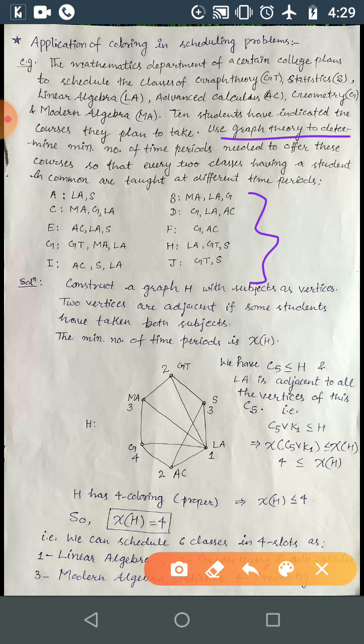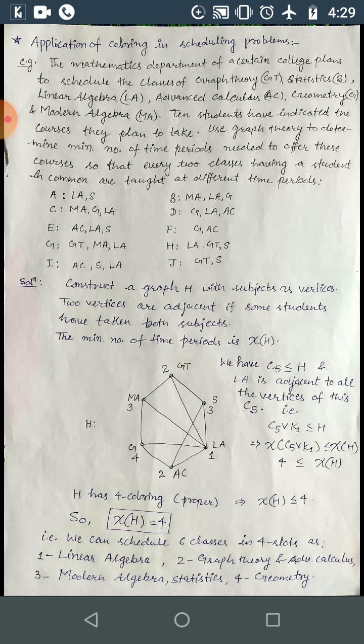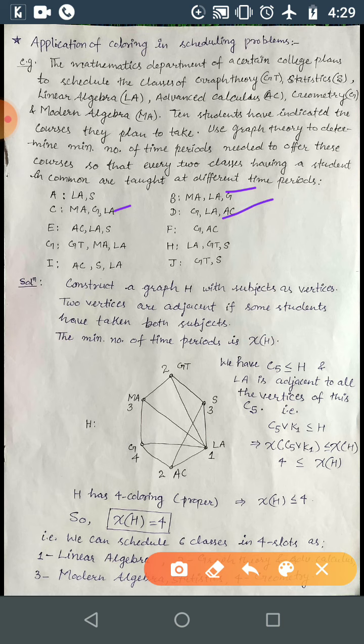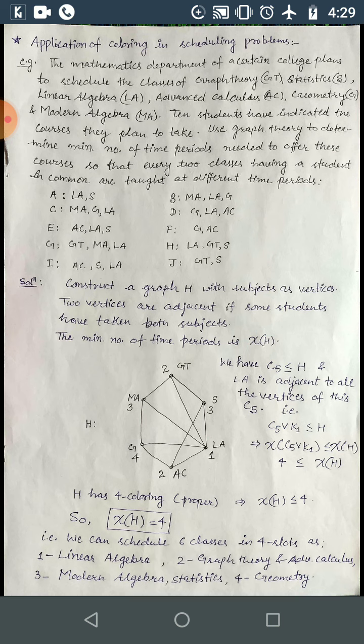The data is given as follows: student A has taken linear algebra and statistics, student B has taken modern algebra, linear algebra, and geometry, student C has taken modern algebra, geometry, linear algebra, and D has taken geometry, linear algebra, advanced calculus, and so on. So we use this coloring, or chromaticity, to find the minimum number of time periods in which these classes can be held.